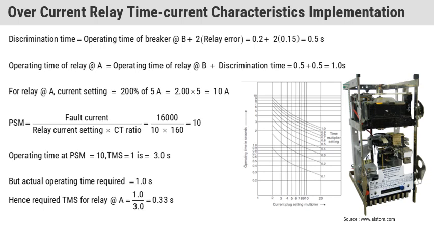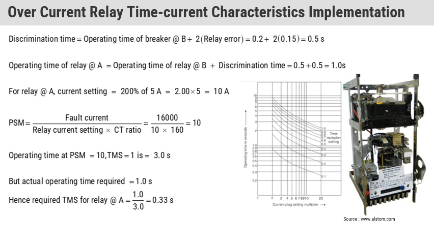So the operating time of relay A is the operating time of relay B plus discrimination time. The operating time of relay B is 0.5 and the discrimination time is also 0.5, so overall we get 1 second operating time of A. So we have to set the operating time of relay A at 1 second.